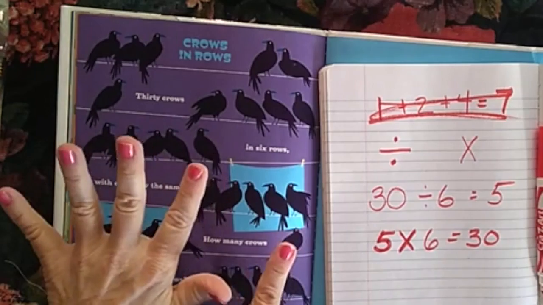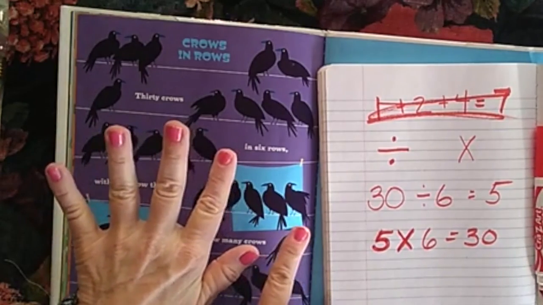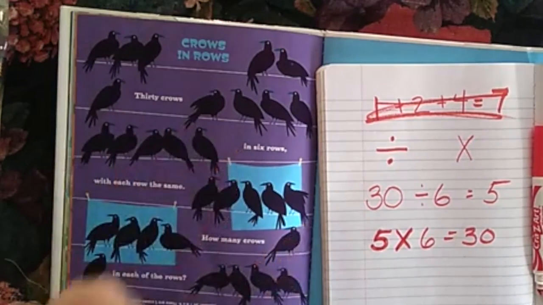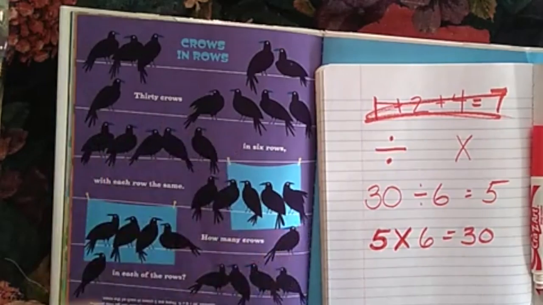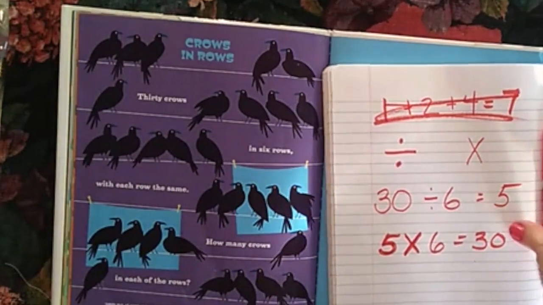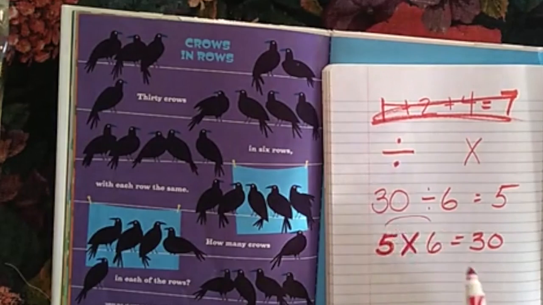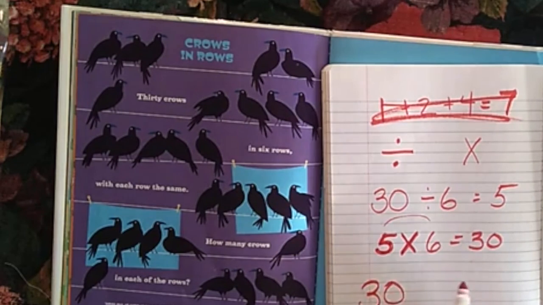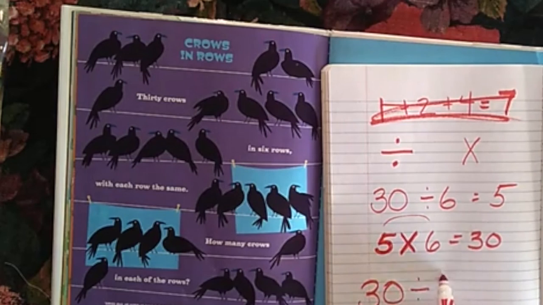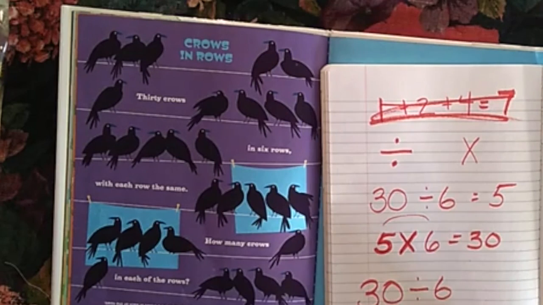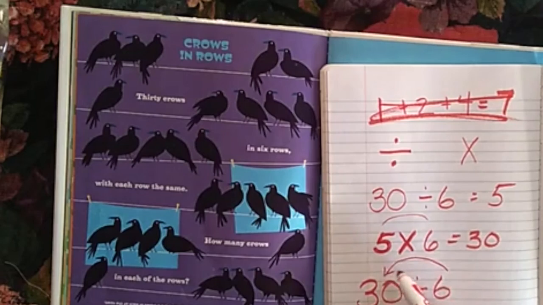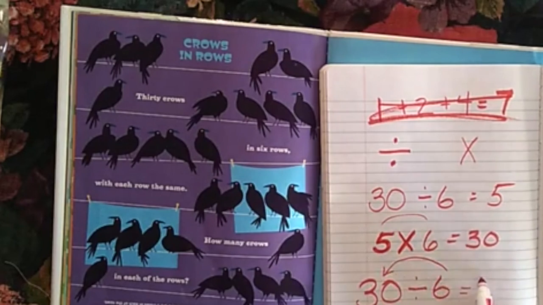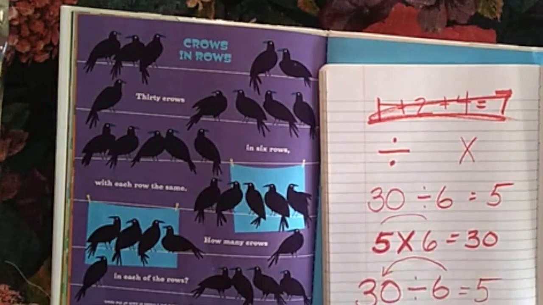And 6 more would be 18. And 6 more would be 24. And 6 more would be 30. See, we did that 5 times. So we have 30. And dividing by 6. 6 goes into 30 how many times? 5 times. There we go.